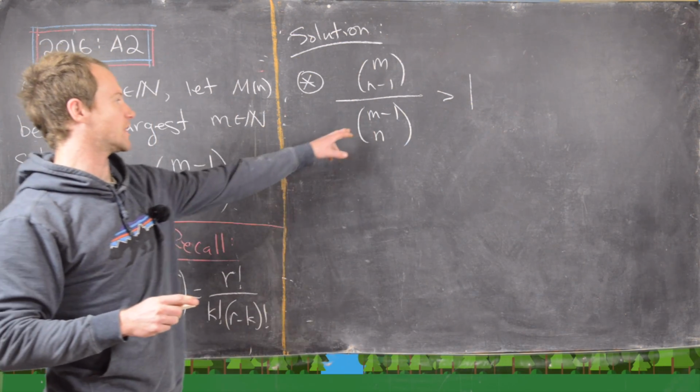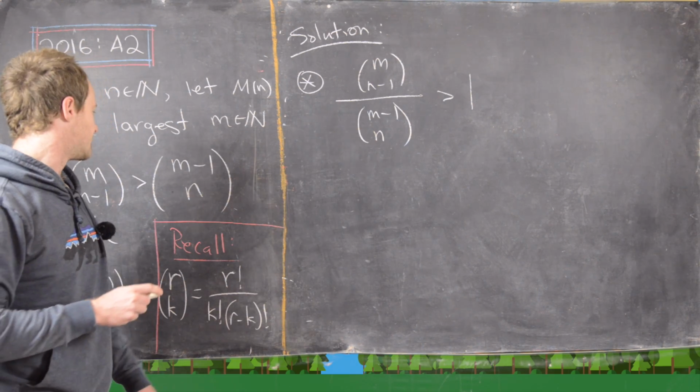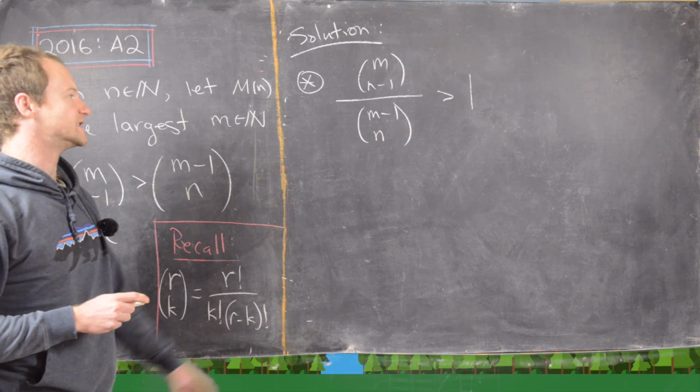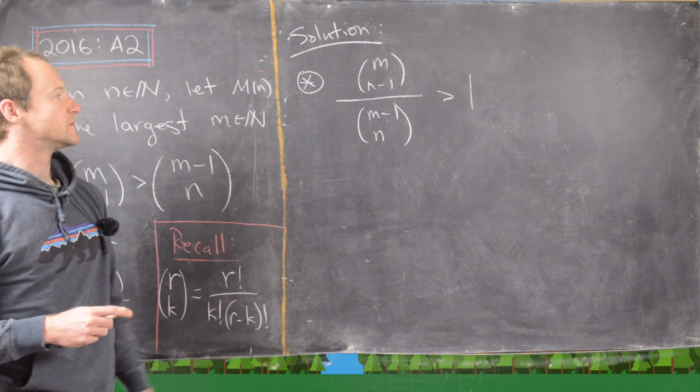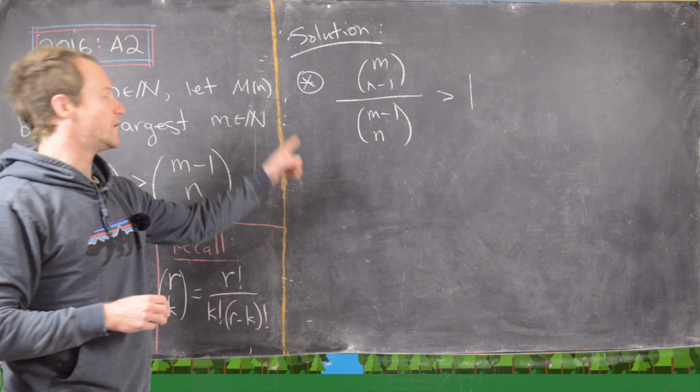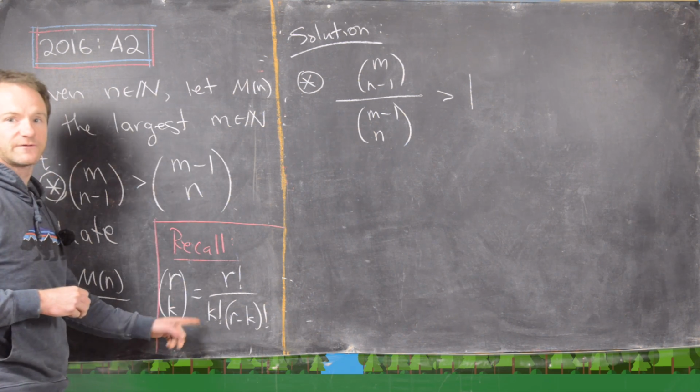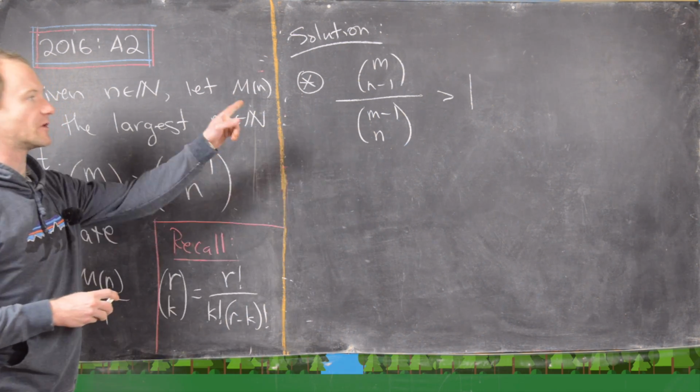Obviously we can only do this division if the denominator is bigger than 0, but our setup guarantees that. Okay, good.